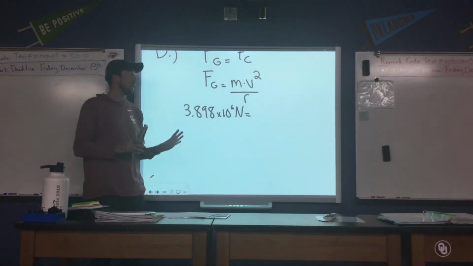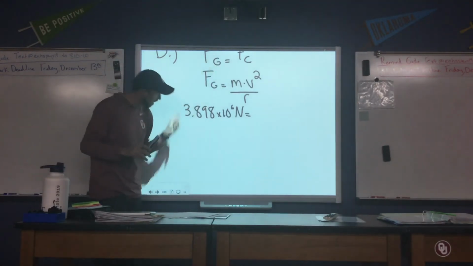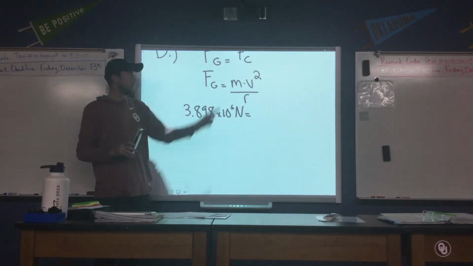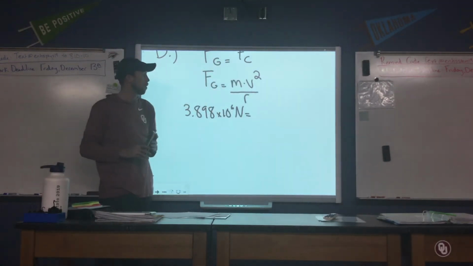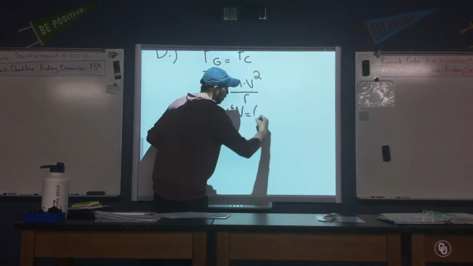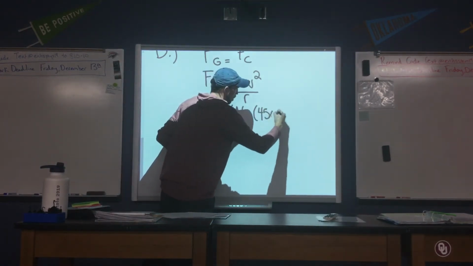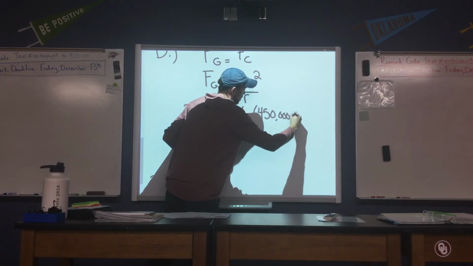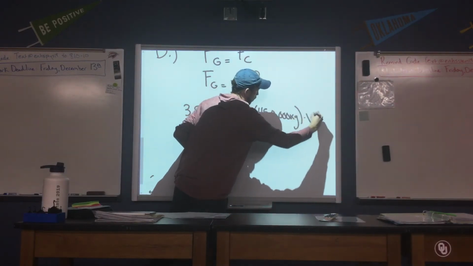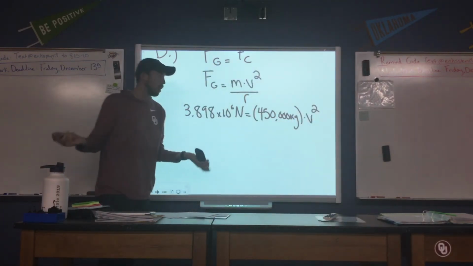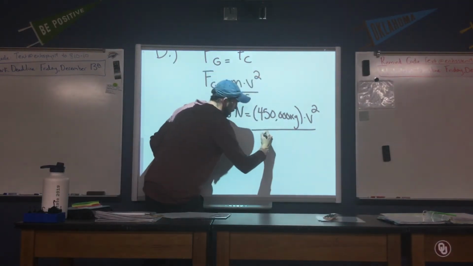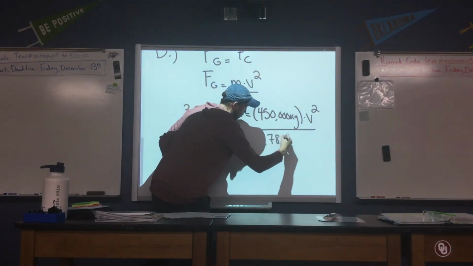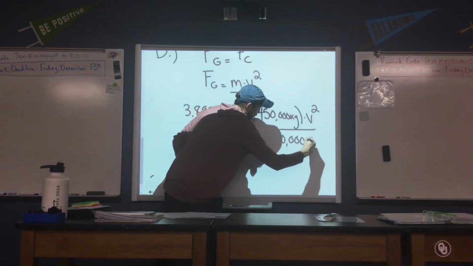In our picture here, it's the ISS that's moving around the Earth. So that's the object we can describe with our equation for centripetal force. So we're going to use the mass value for the ISS, 450,000 kilograms. Now we don't know v squared, so we'll leave that in our equation. We'll divide by the radius, which was 6,780,000 meters.